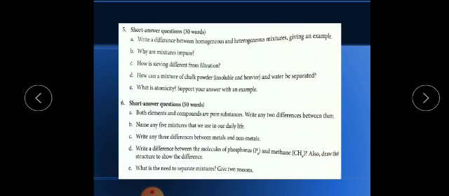For example, water is in a liquid state, and water is made up of hydrogen gas and oxygen gas. Both are gases, but when they combine together and form a compound, the properties of the gases change into the water state. Okay, so the individual properties will be different in the case of a compound.